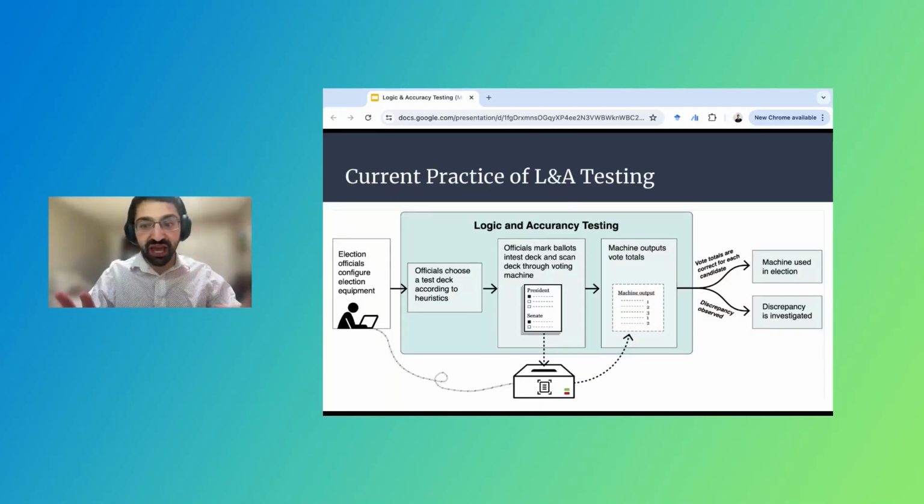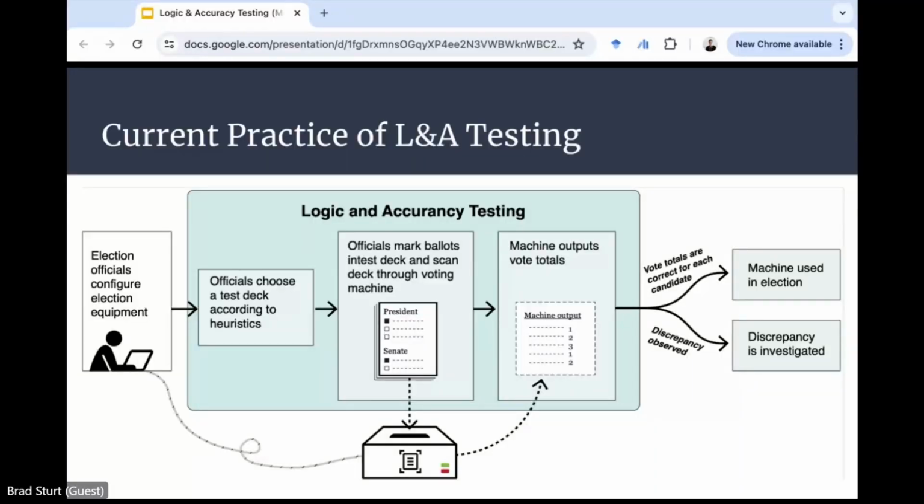So to say what I just said a moment ago, but as a flow diagram, LNA testing goes through the following procedure. Before the election takes place, the officials first configure the election equipment. They then, during LNA testing, choose some heuristic by which they're going to fill out the ballots in a stack of blank ballots.